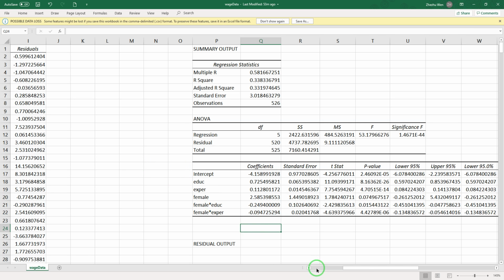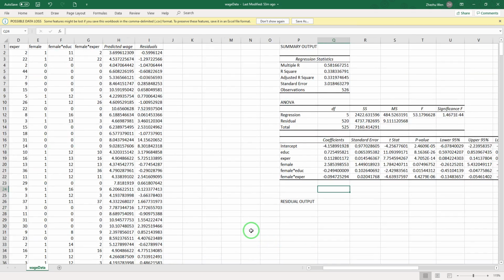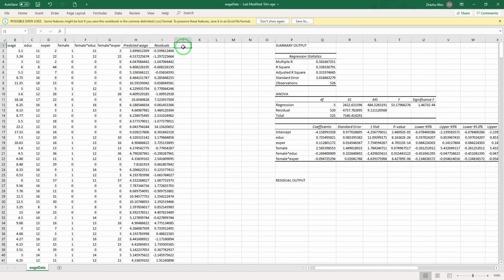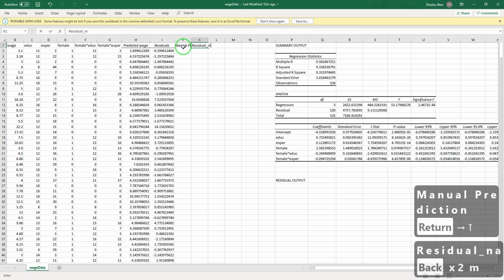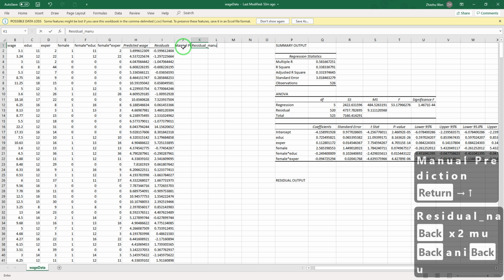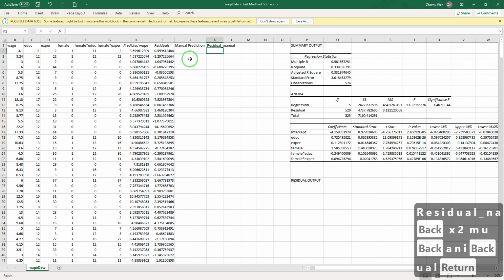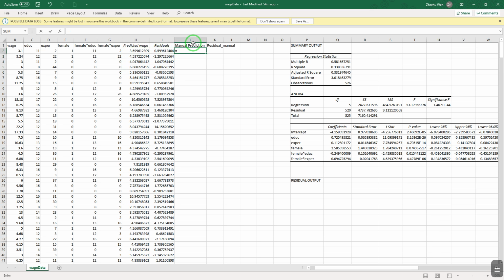So what I'm going to do here is the prediction manually. Say manual prediction, residual based on manual operation. I know that these are very accurate, but you need to know how to utilize the model results. It's not that whenever you come out with a model estimation you always have to do these steps, but here we're still in a learning phase.